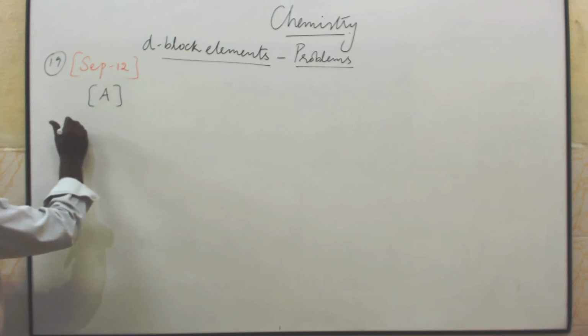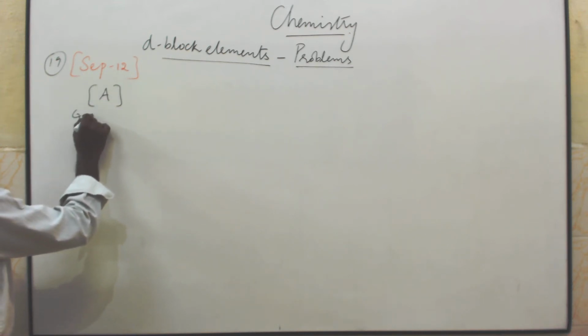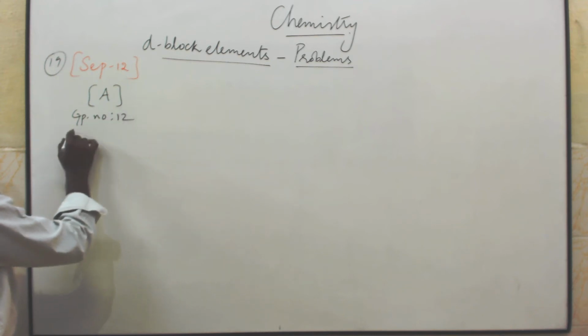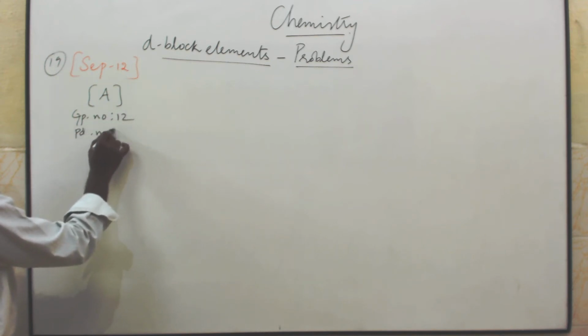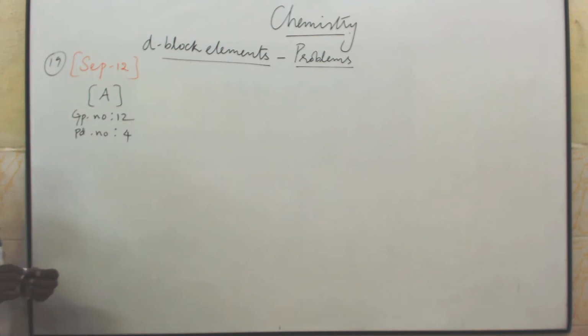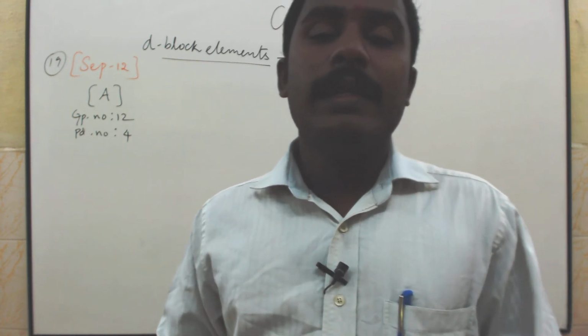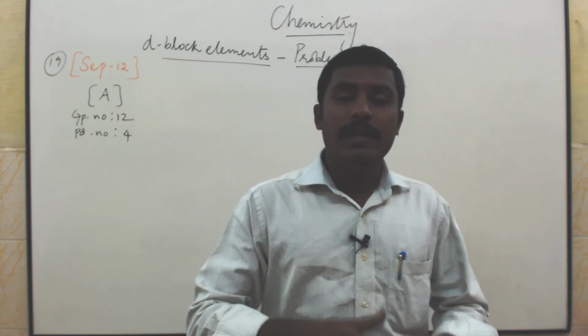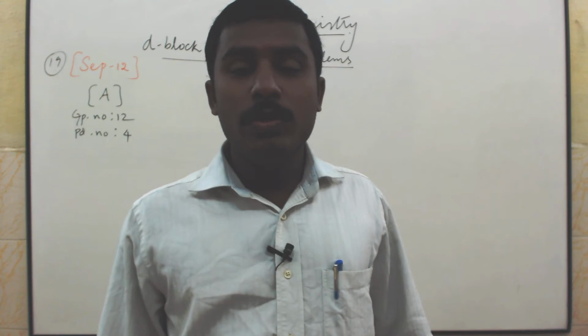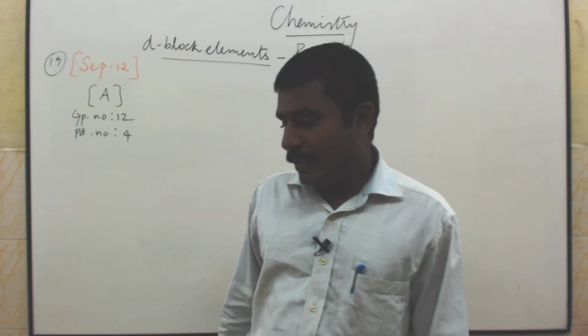A occupies group number 12, period number 4. Which element? Group 6 period 4 is chromium, 11 4 copper, 11 5 silver, 11 6 gold, 12 4 yes, zinc.